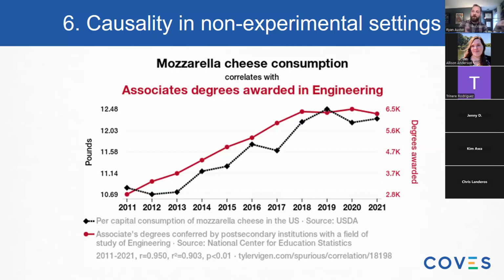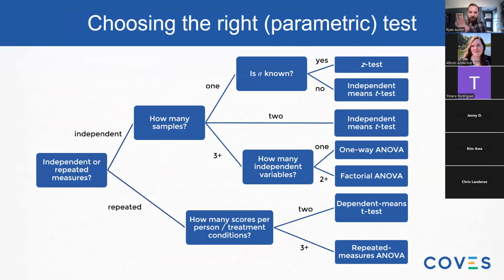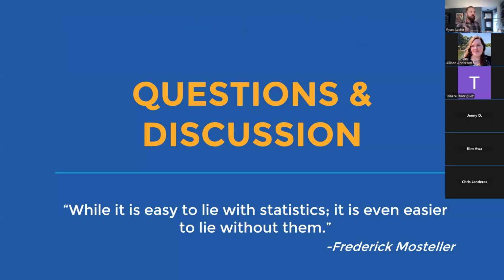So be careful of what you attribute as causal versus what just happens to be in the data, right? Investigate your data with more thoroughness. All right, there are additional slides, but those are just for reference for you. And I'm going to leave you with this quote as we head into a very short time for discussion.